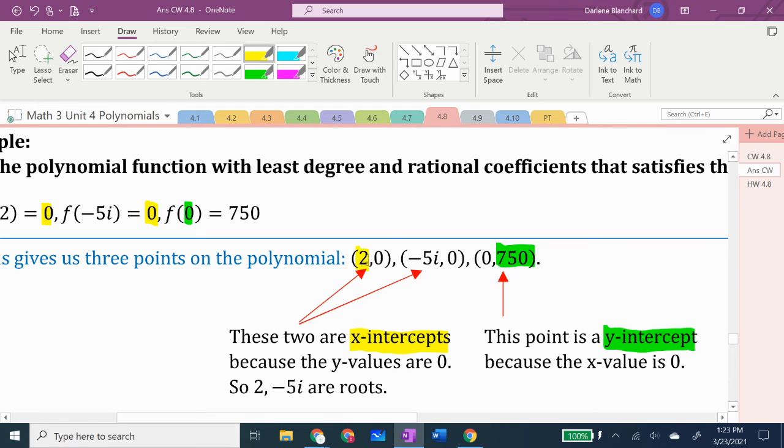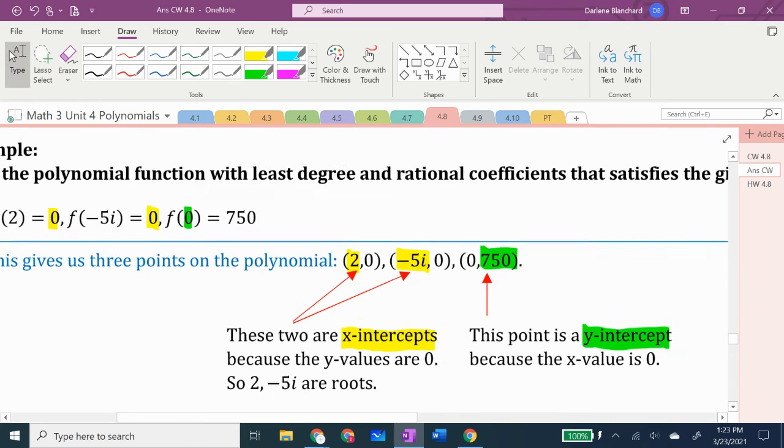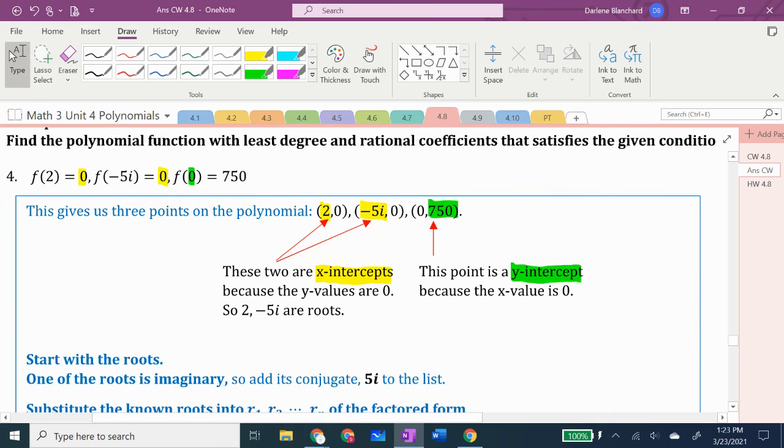With that y-intercept, we're going to be able to determine the leading coefficient. In the meantime, knowing x-intercepts helps me to know what some of my factors are.